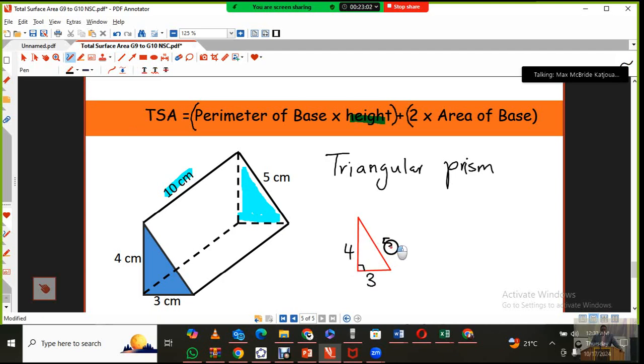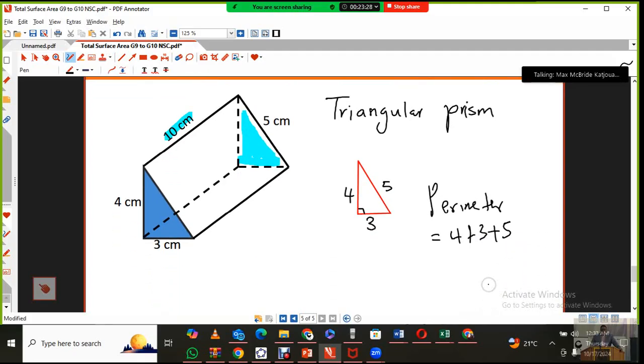So perimeter means you must just add everything. By adding the 4 plus 3 plus 5, you get 12. So the perimeter is equal to 12.